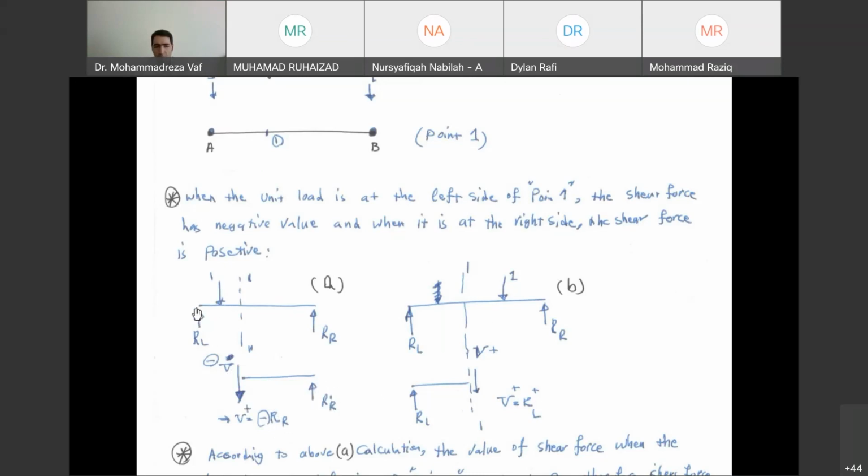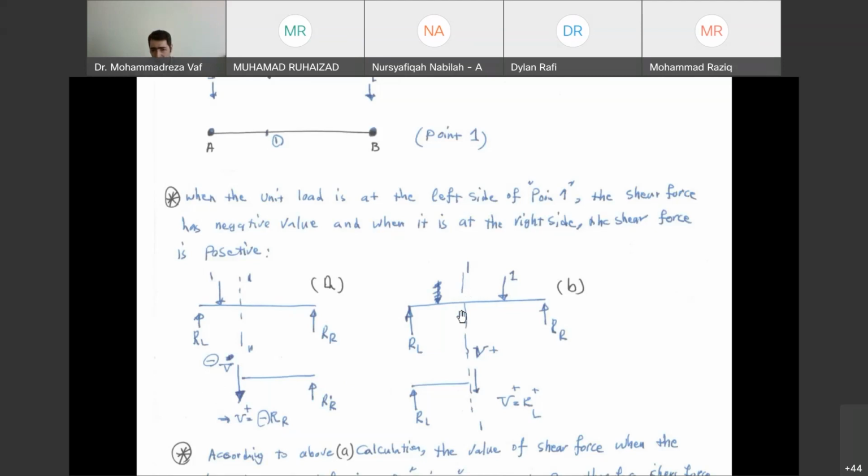So in other words, when the point load is moving from point A to point 1, the value of the shear force at this location is always negatively equal to the support reaction at point B. Here we have referred to it as RR, right side, or RB, doesn't matter.